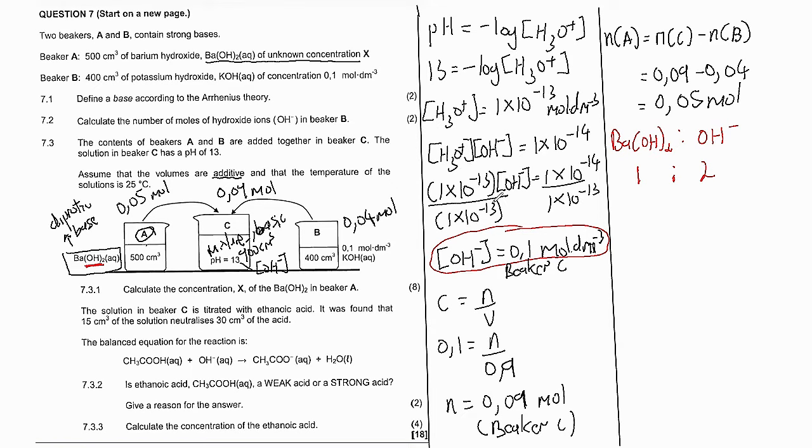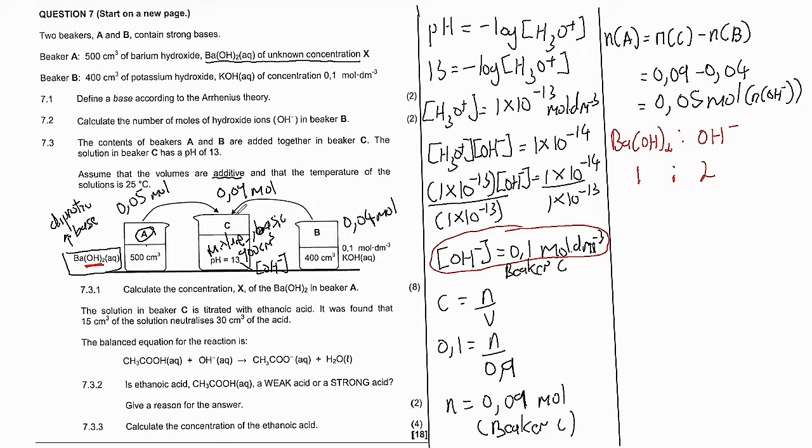Now, what is the meaning of this? For every 1 molecule of barium hydroxide that reacts, 2 hydroxide ions are produced, right? So note that. But remember what we just found here, it's the number of moles of the hydroxide ions. It's very important to know that this is the number of moles of the hydroxide ions in beaker A. It is not the number of moles of the barium hydroxide.